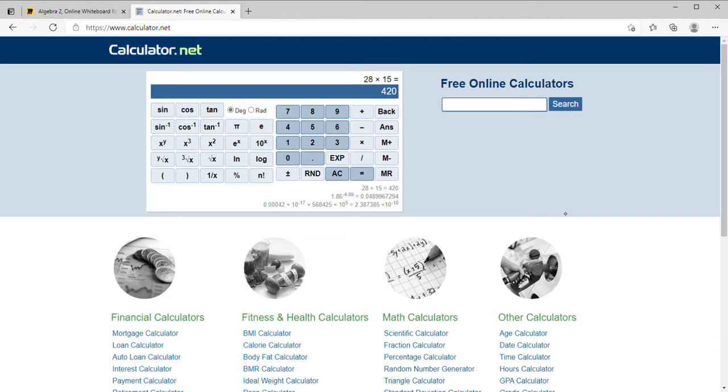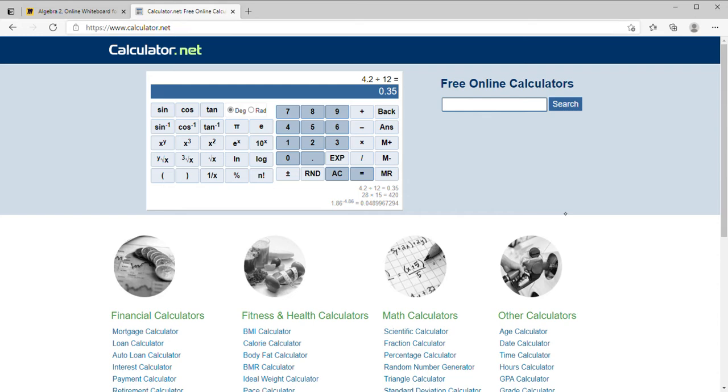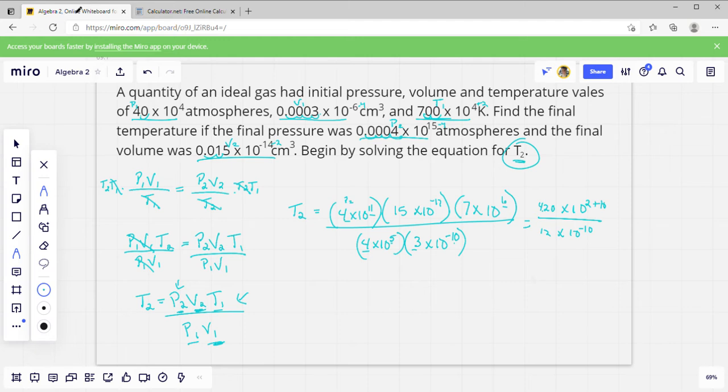So 4.2 divided by 12 equals 0.35, times 10.